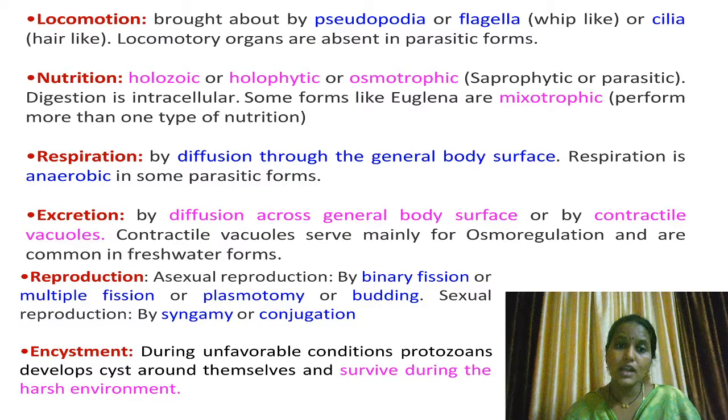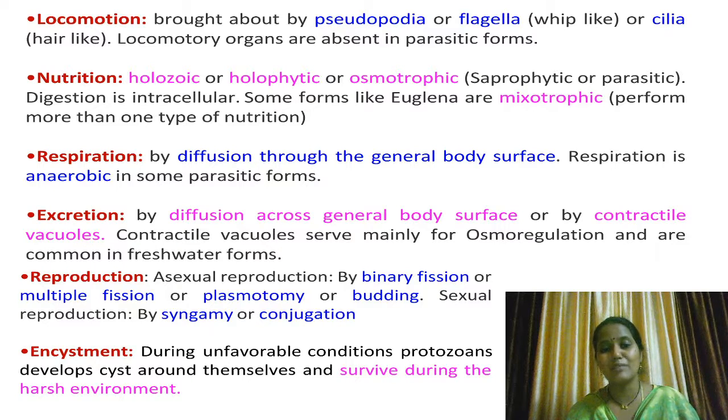The most important or peculiar characteristic of protozoans is encystment. It is important because it helps these organisms survive during harsh environment. During unfavorable conditions, protozoans develop cysts around themselves, and because of this cyst they can survive.